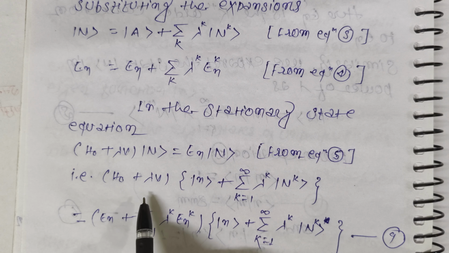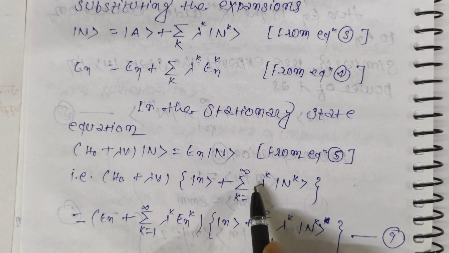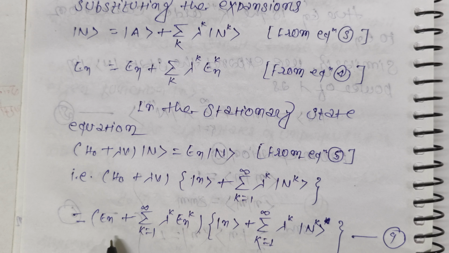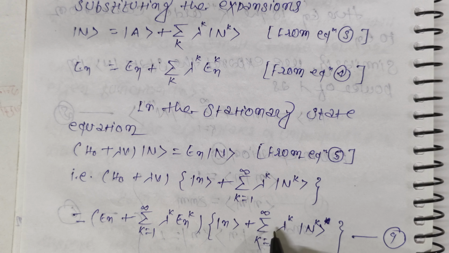That is, H naught plus lambda V acting on |n> plus summation k is equal to 1 to infinity lambda k |nk> is equal to En plus summation k is equal to 1 to infinity lambda k Enk times |n> plus summation k is equal to 1 to infinity lambda k |nk>. This is equation 9, friends.